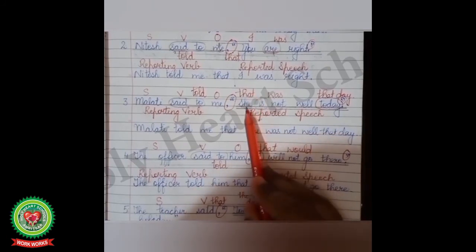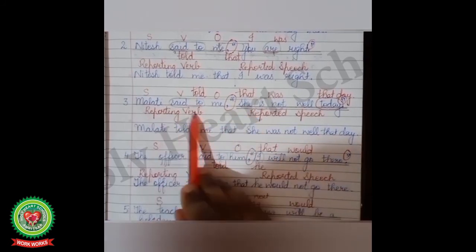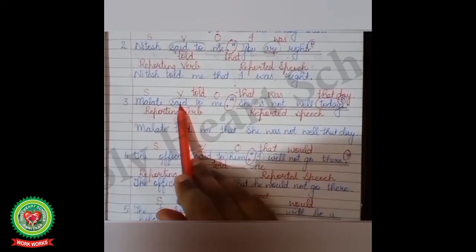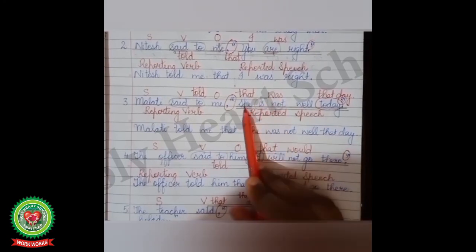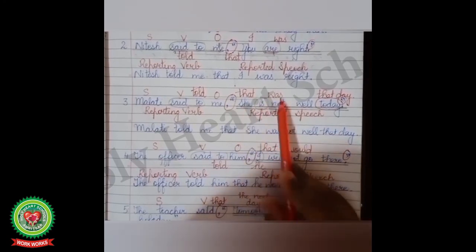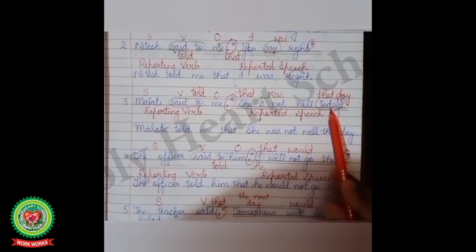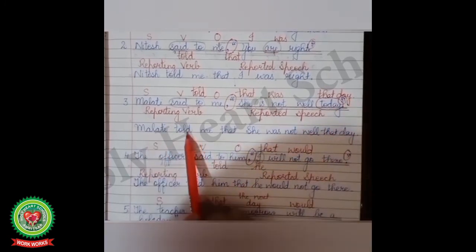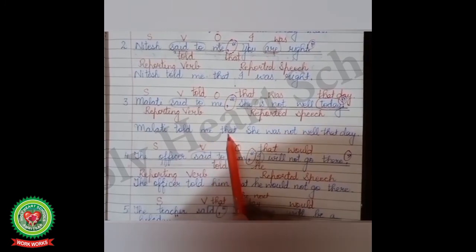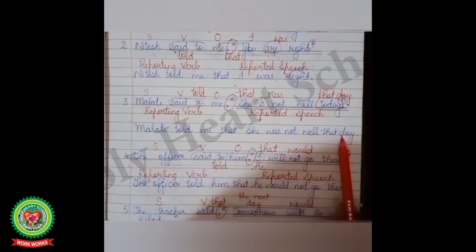She is a third person pronoun and a third person pronoun doesn't change, so it will remain the same. The reporting verb is in past tense, so the tense of the reported speech will change. Is, are change into was, were. But with she, we have to use what? Was. Not well today will change into not well that day. So our answer will be, Malti told me that she was not well that day.